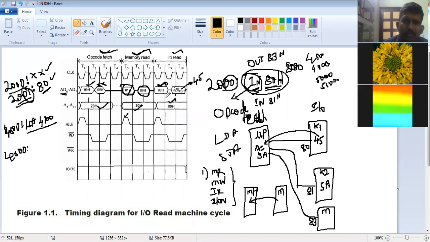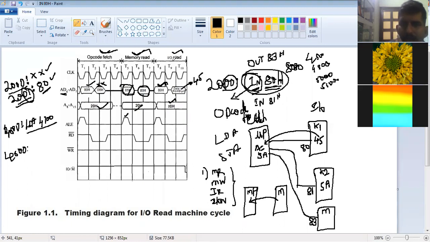Very good. Then again this 80 is also what? It is also an address. Yes, Jaswant, right. When this data is coming, ALE won't be available because you are reading the data.